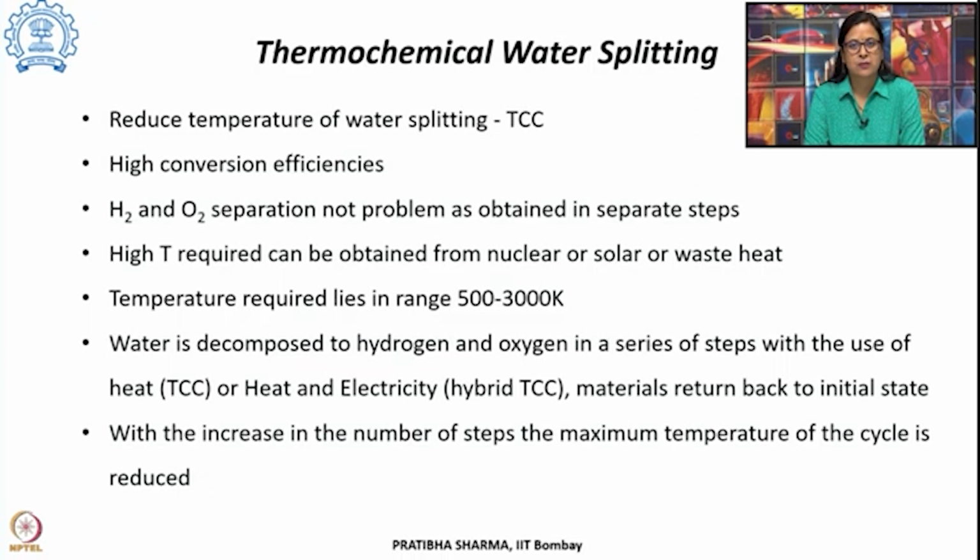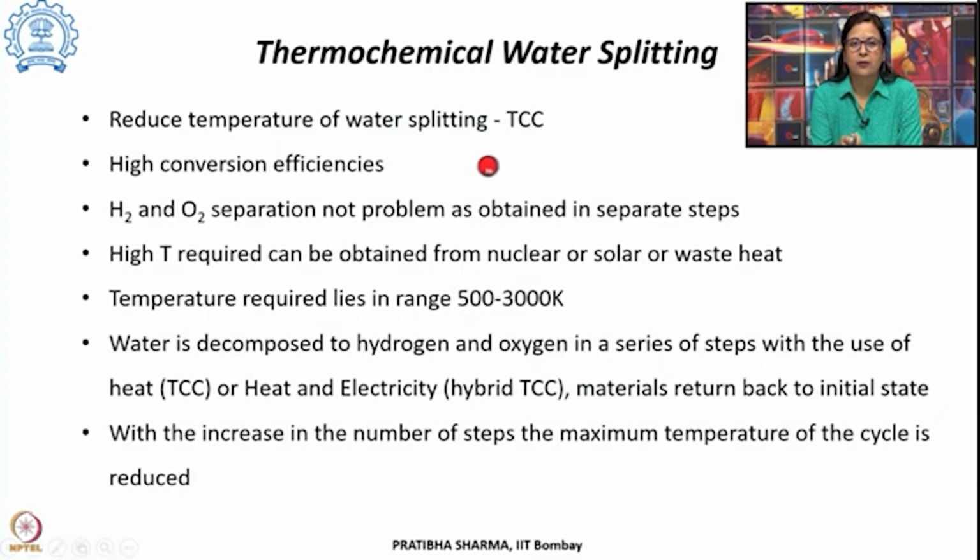However, the water which is being fed in the reaction undergoes a splitting to form hydrogen and oxygen. That is what is thermochemical water splitting. With the use of thermochemical water splitting, the temperature of thermolysis could be reduced. These thermochemical cycles are in short represented by TCC.